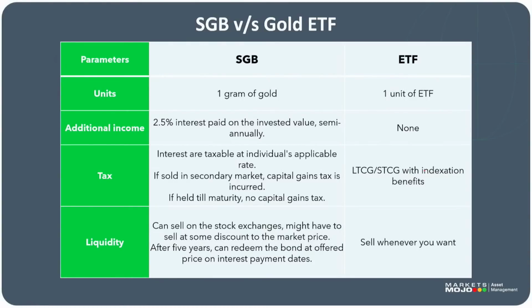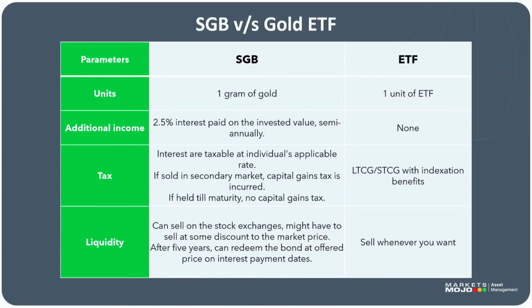While SGB gets 2.5% interest paid semi-annually, every 6 months, ETF does not carry any rate of interest. In terms of tax treatment, SGB interest is taxed as per your income tax slab rate. So if you are in the 10% bucket, you will be charged 10% tax on that interest income.